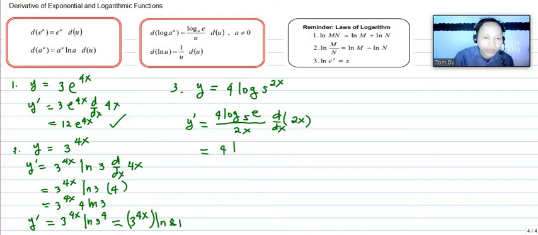We have here 4 log of e to the base of 5 all over x. So we cancel here 2. Or in other words, 4 divided by 2 equals 2, times the derivative of 2x equals 2. So 2 times 2, that is 4. This will be our final answer. Example number 3.